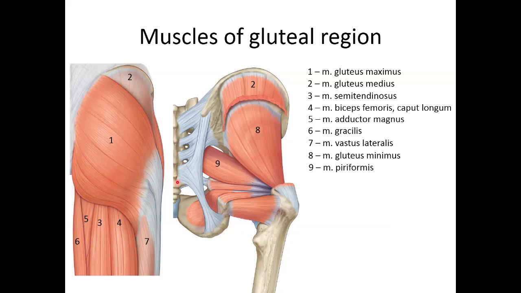And musculus piriformis is very important according to these small gaps or openings. According to musculus piriformis, they are called foramen suprapiriformis, this one, and foramen infrapiriformis, this one.